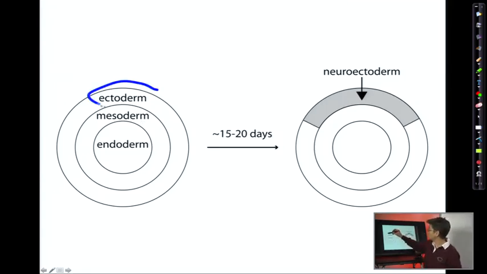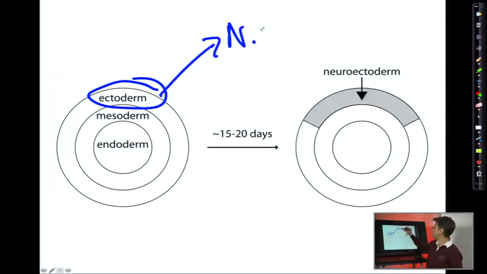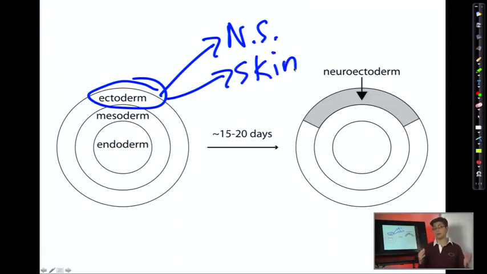And we're going to concentrate on this outer layer, the ectoderm, because that is going to become the nervous system and the skin. And that's really interesting, and it's important, and we'll come back to that because the nervous system and the skin share a developmental origin, there are disorders that happen that involve both skin and nervous system effects.